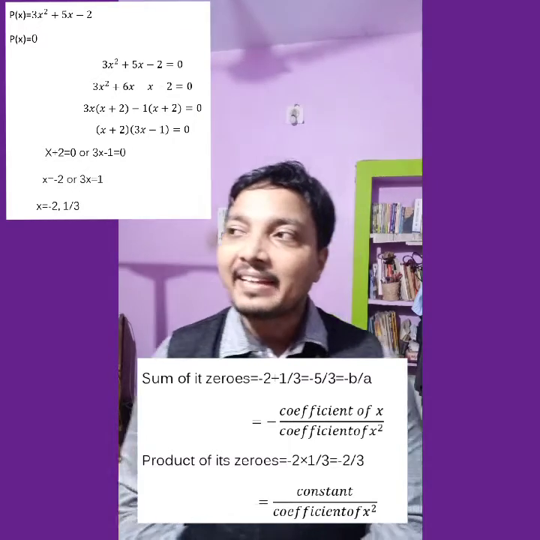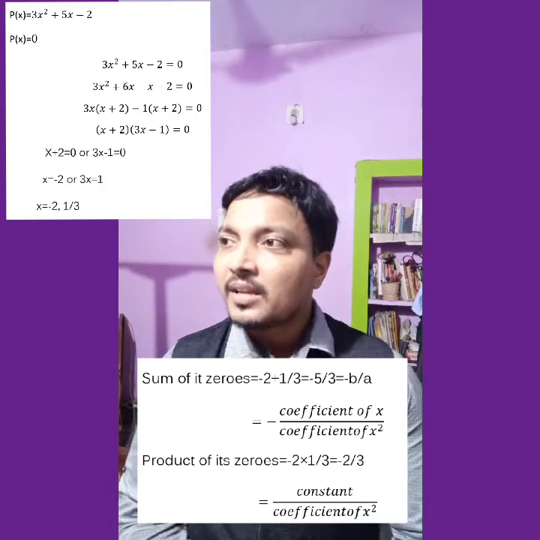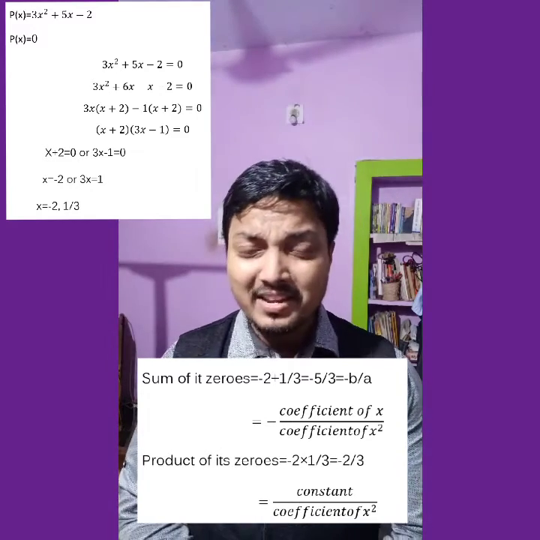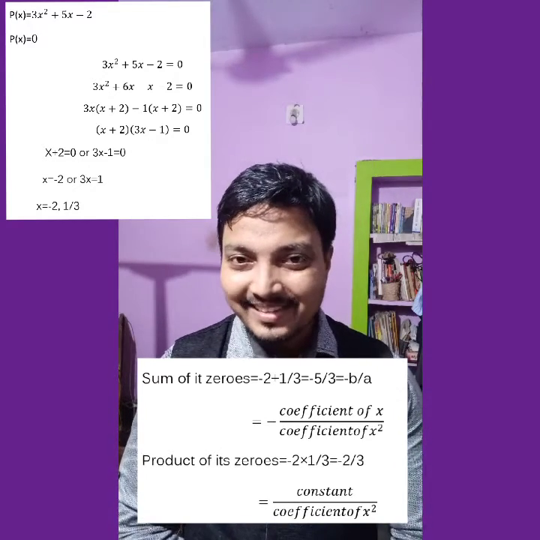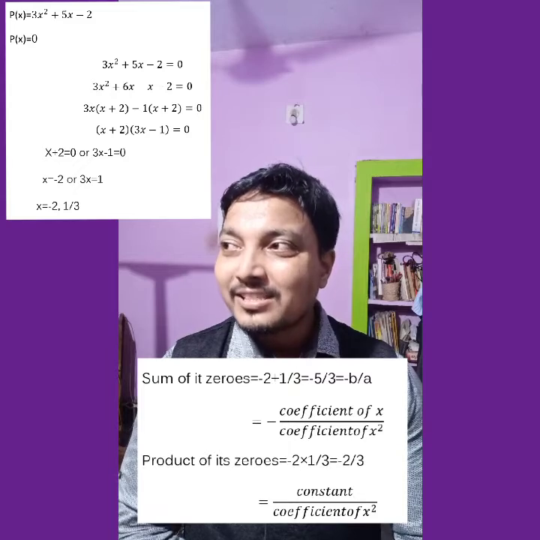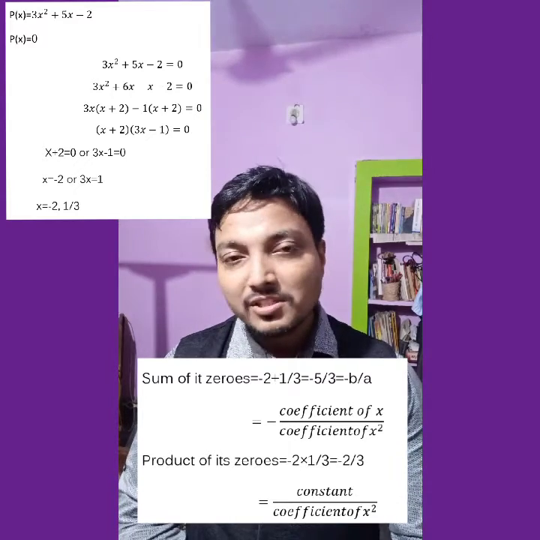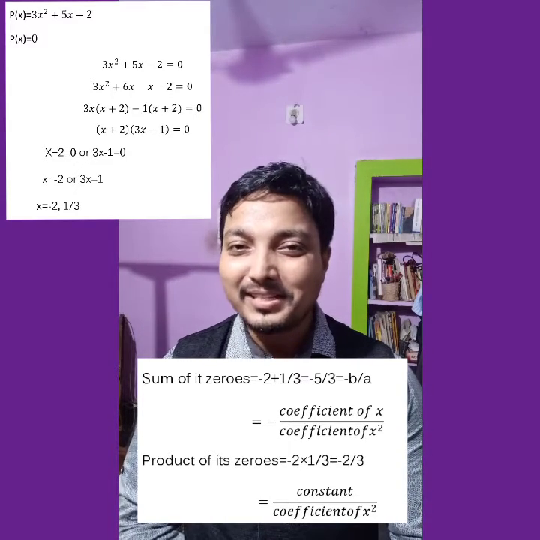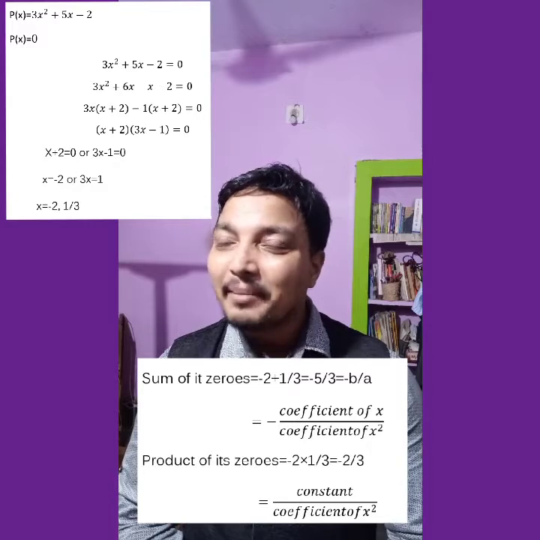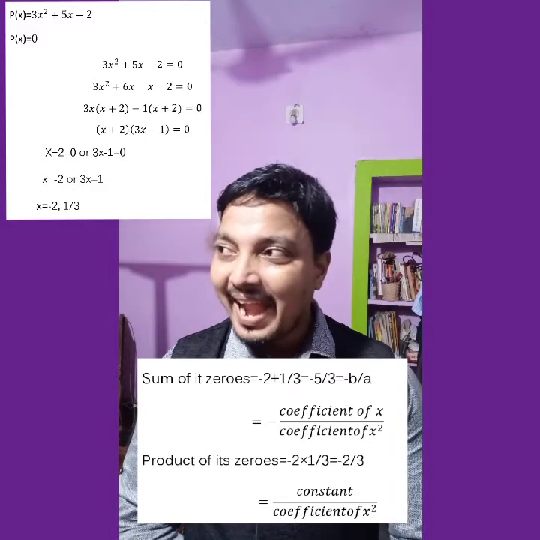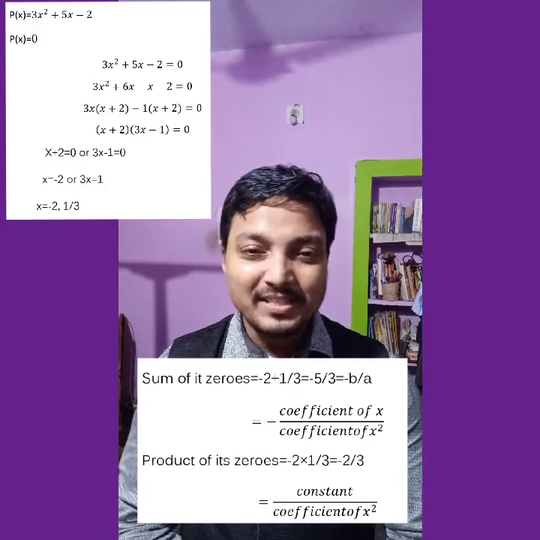Ready? And the product of the two zeros is -2 into 1 by 3, which is equal to -2 by 3. The product of the two zeros is -2 by 3, which is also the same as c by a. C means the constant term and a means our coefficient of x square.